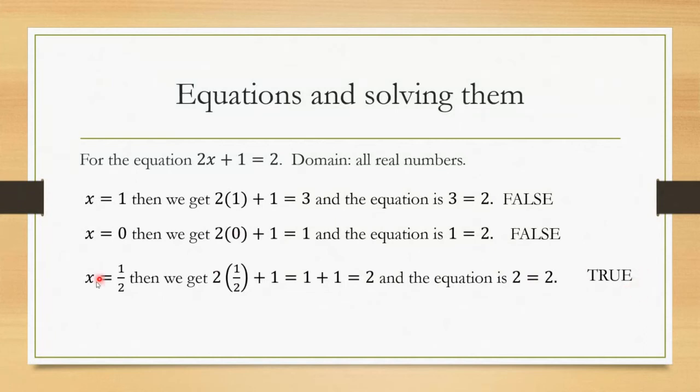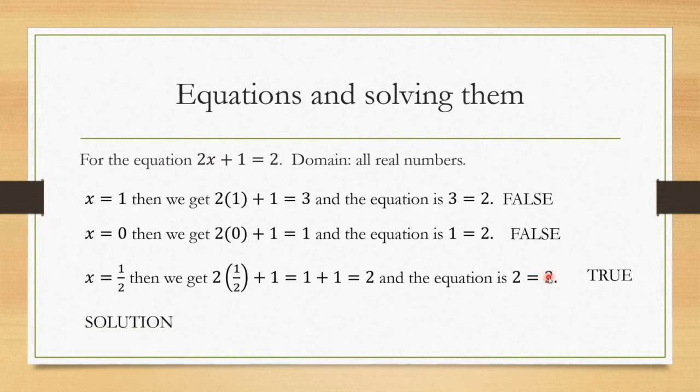So what am I getting at? There's an x value, namely a half, that we can replace x with. Excuse me, let me say it again. There's a number we can replace x with in the equation that gives us a true statement, that makes the equation true. Well, that number is given a special name. We call it a solution.